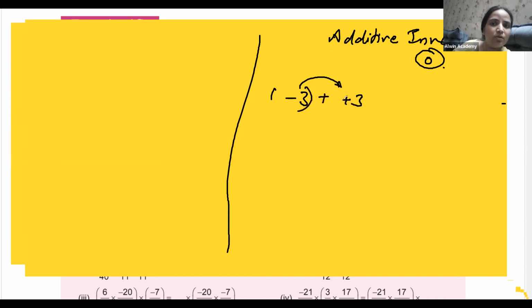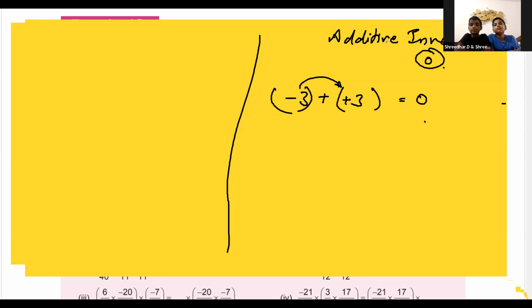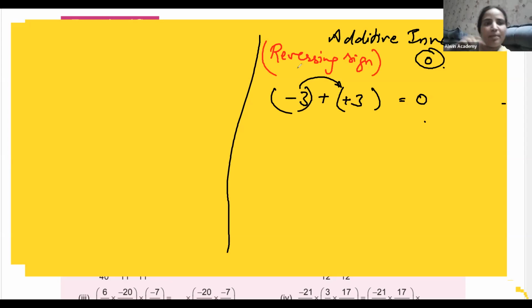You add both, you will get a 0. So for additive inverse, what is the trick? You are reversing the sign. Make every positive thing negative, a negative thing positive. Right? Yes, ma'am.